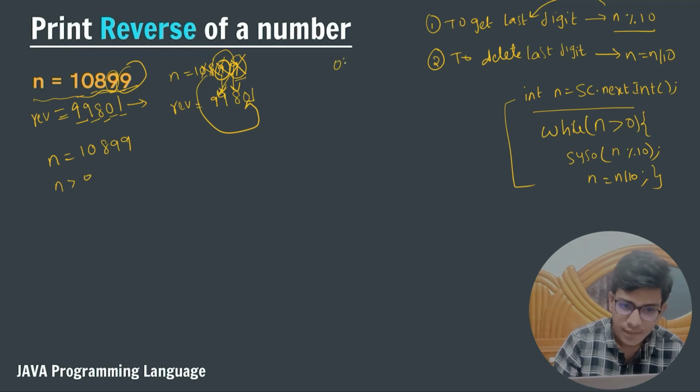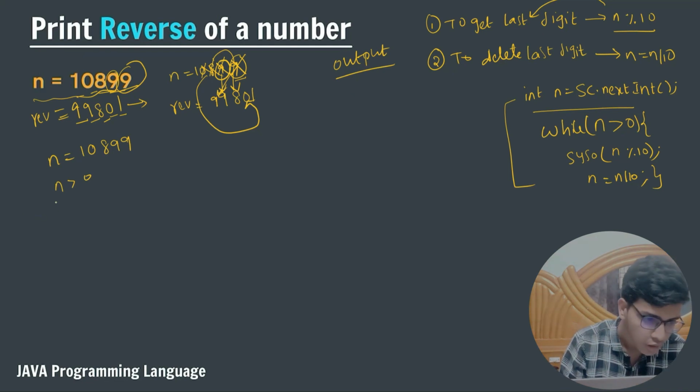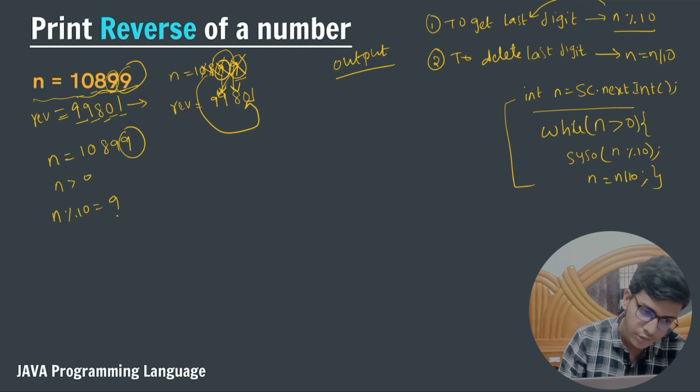Let us consider that this is our output screen. Here we will print the reverse of the number. So we will print n modulo 10. I told you that to get the last digit, we'll modulo it by 10. This value gives the last digit, so it will give 9. So 9 will be printed here.